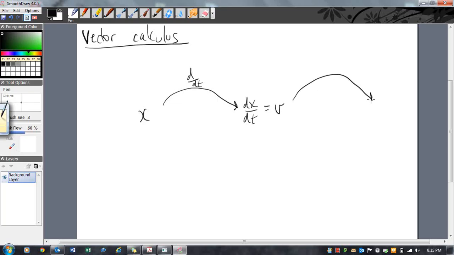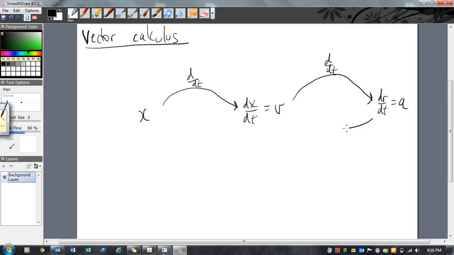And then from there we could take the derivative again, and we end up with dv/dt, which is acceleration. That's our little pattern. We start with position, take a derivative, and end up with velocity. We take the derivative again, we end up with acceleration. We could also go back the other way.